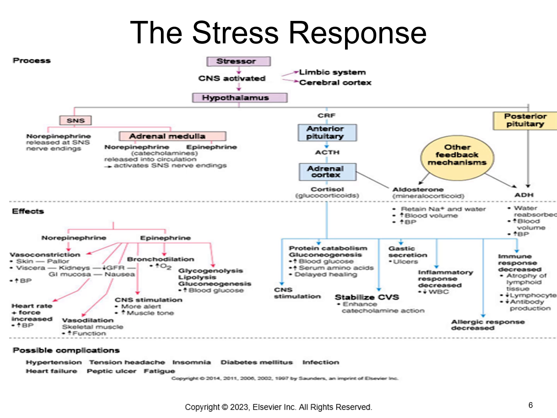It will increase gastric secretions, and that can sometimes lead to ulcers. So if we have prolonged stress, that's how that could lead to that. The release of the cortisol can cause inflammation to be decreased because we have a decrease in our white blood cells whenever we have cortisol release. So that's going to suppress our immune system, and it will decrease our antibody production.